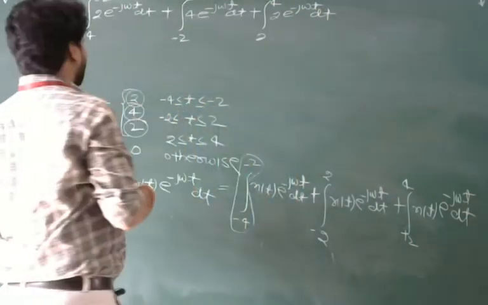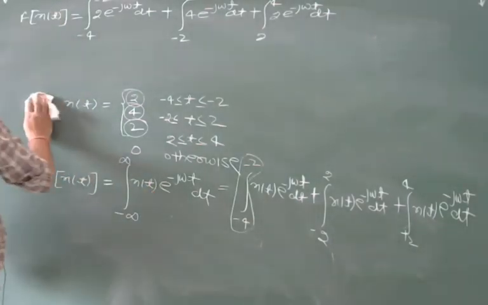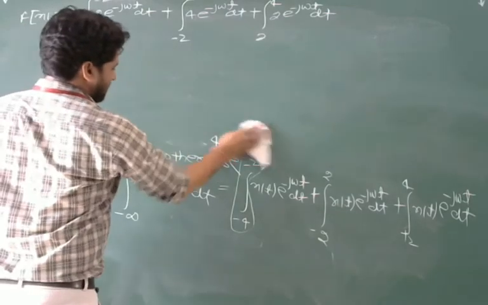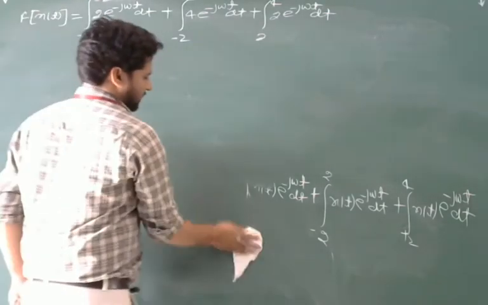Now to get the Fourier transform of the given signal, we have to just calculate the value of this integration and we will get the Fourier transform of the given signal.